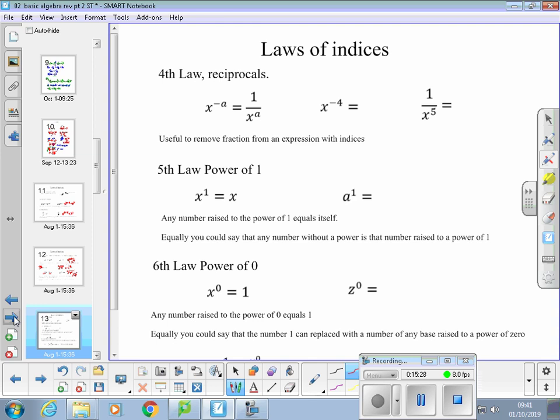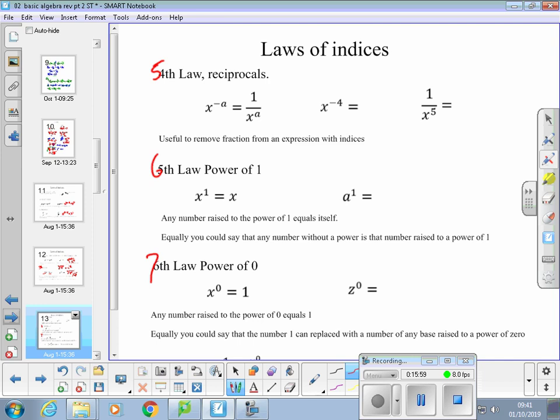Reciprocals. X to the minus a could be written as 1 over x to the a. You're not expected to remember what the number of the law is, just expected to be able to use them all. Okay?